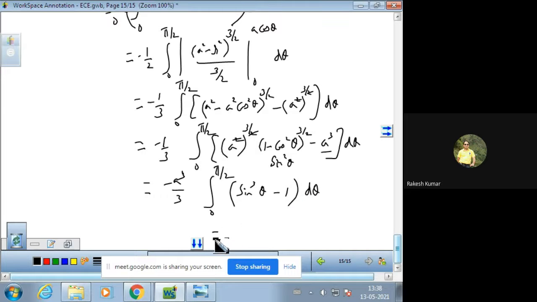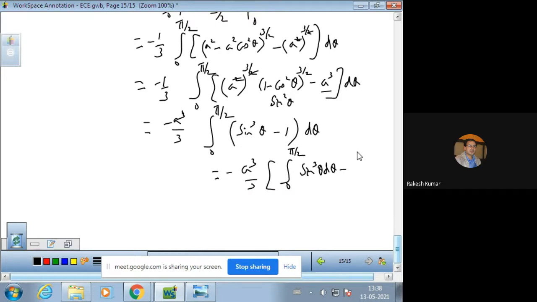Now you will integrate it separately. So 0 to pi by 2 sine cube theta d theta, and minus integral 0 to pi by 2 of 1 d theta, that is d theta. So minus a cube over 3. Here you can use a reduction formula. So r is odd, this is 3.